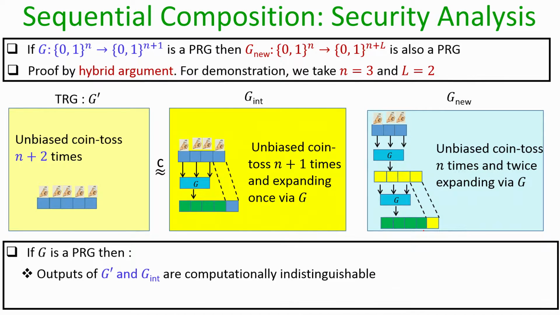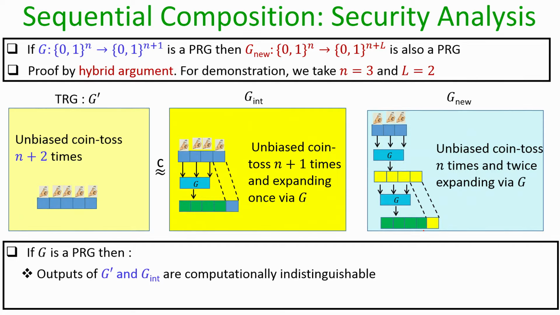Now, in the hybrid argument we can prove that if the construction G, which expands a 3 bit uniformly random string to a 4 bit pseudo random string, is a PRG, then the construction G dash and the construction G int are indistinguishable. That means no polynomial time distinguisher can distinguish apart a sample produced by G dash from a sample produced by G int.